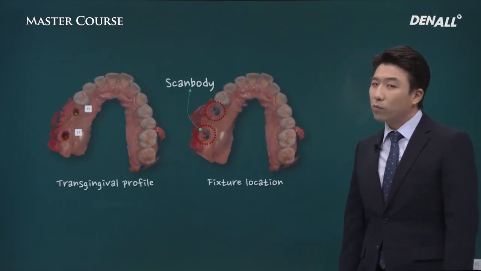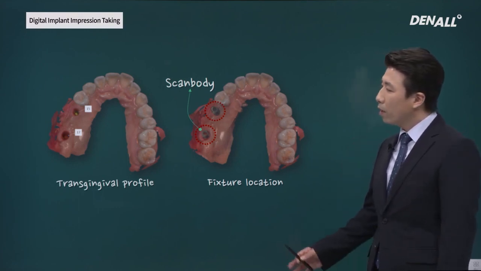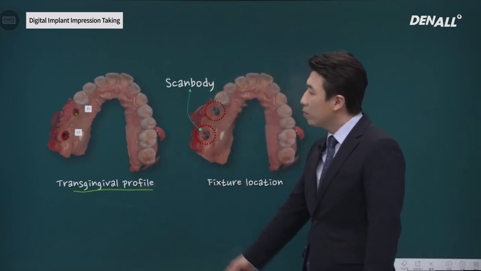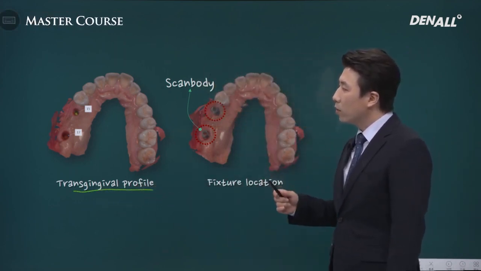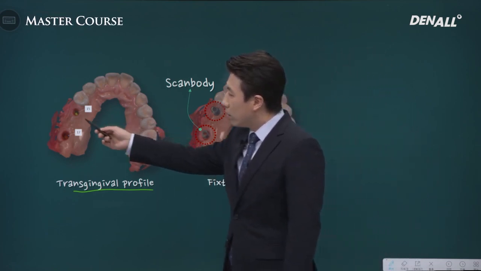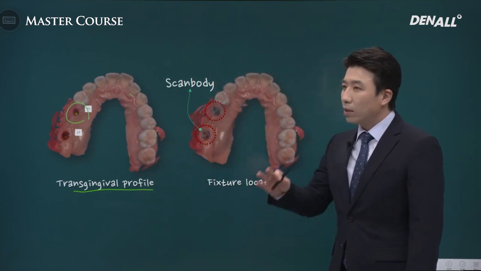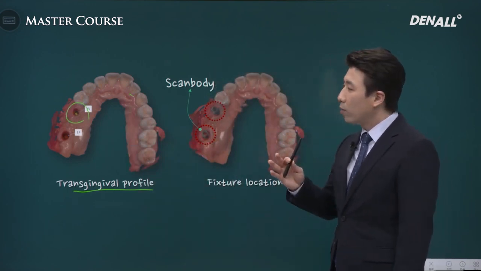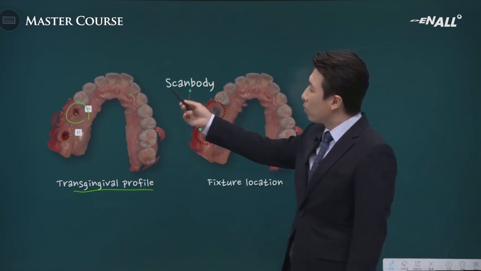Here, scan bodies are used to take impressions of implants. First, the transgingival profile is obtained. Healing abutments are connected, then they need to be removed, and this is scanned with the entire teeth. The gingival profile around the implants placed can be obtained.